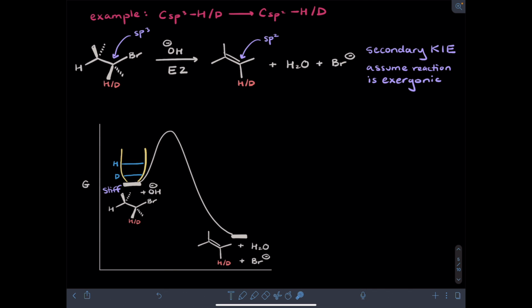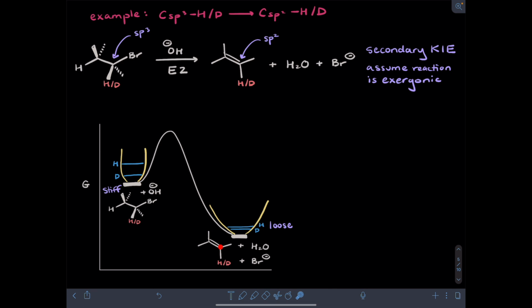For the starting material, I have an sp3 hybridized carbon-hydrogen or carbon-deuterium bond, and that out-of-plane bend for this bond has a stiff potential energy well. I would draw a relatively narrow well, and I will have a large difference in 0-point energies between deuterium versus hydrogen.